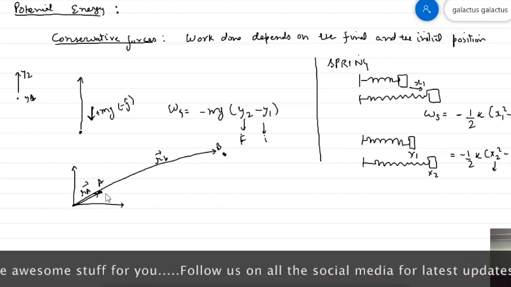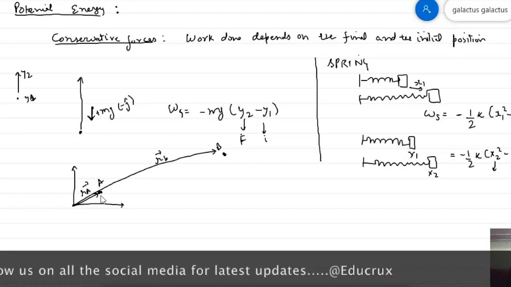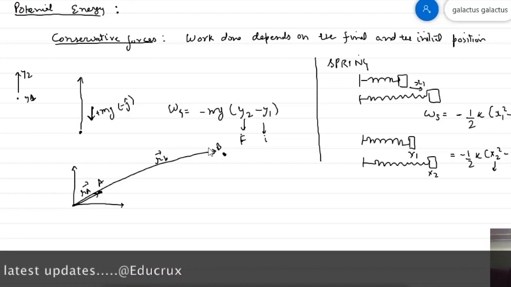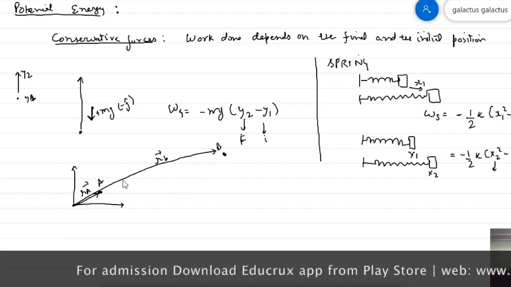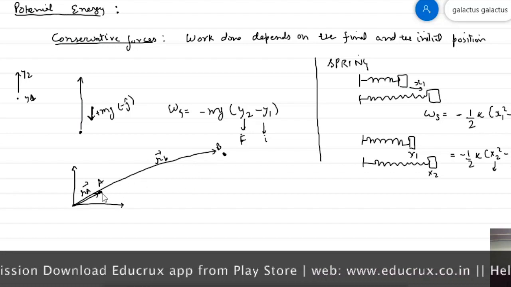If I want to calculate the work done by a conservative force in taking a particle from A to B, my work done will only depend on the points A and B, that is RA and RB. It will not depend on the path taken.